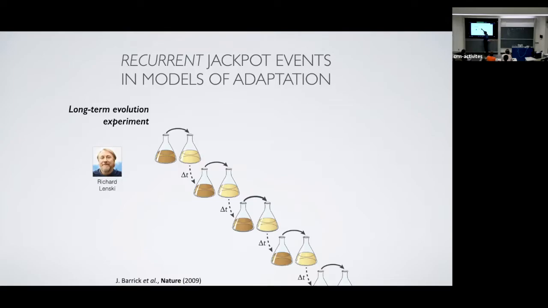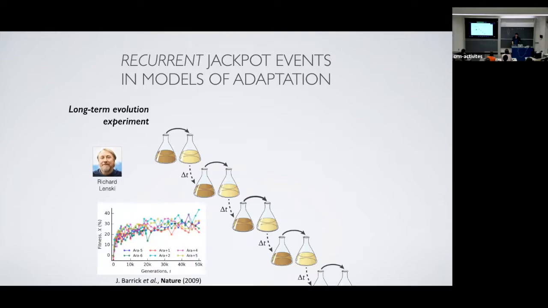He dilutes the population and adds fresh medium, grows up the population, and so on, continuously until today with very few interruptions.